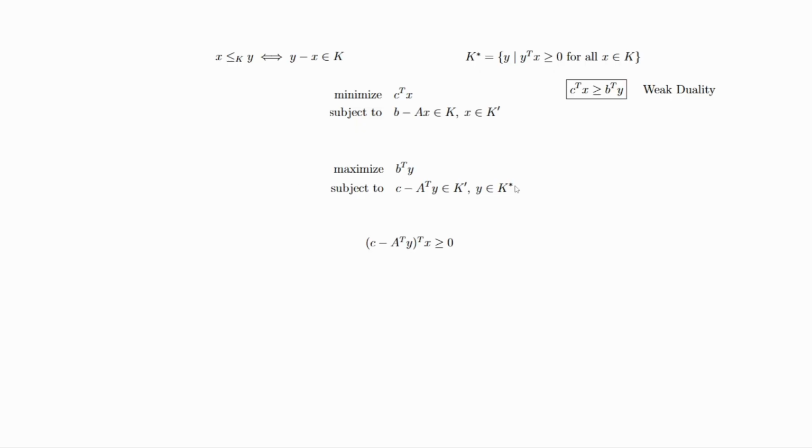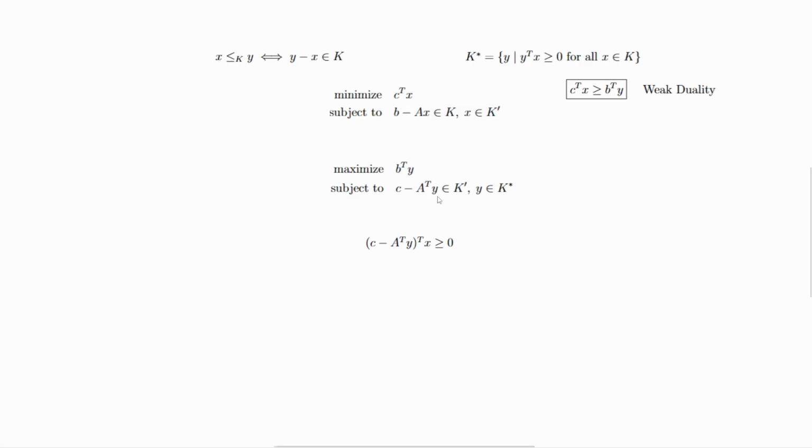To see why weak duality implies that y is in the dual cone, notice that if c minus A transpose y is in K, that means that in the dual cone, anything in K, in this case K prime, must have a positive dot product with x.